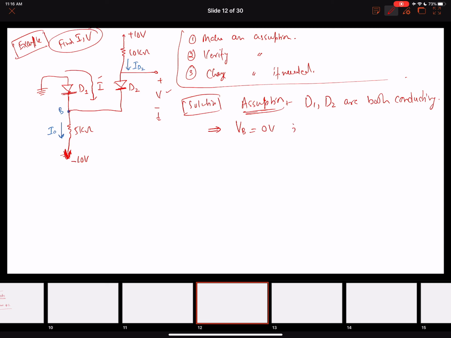Similarly, the voltage drop across D2, since it is conducting and short circuit, so this capital V will also be equal to 0 volts. Now let's find the value of the current ID2. ID2 will be equal to, what is VB? VB was equal to 0 volts, so it will be 10 volts over 10 kilo ohms, equal to 1 milliampere. So this will be the ID2 current.